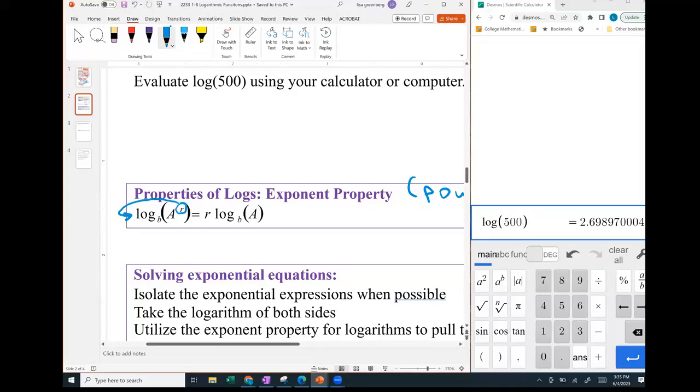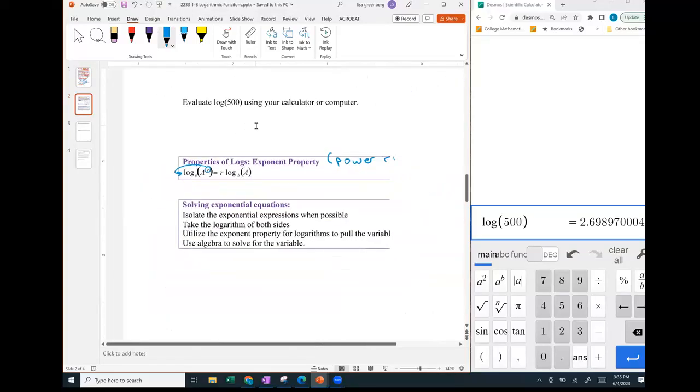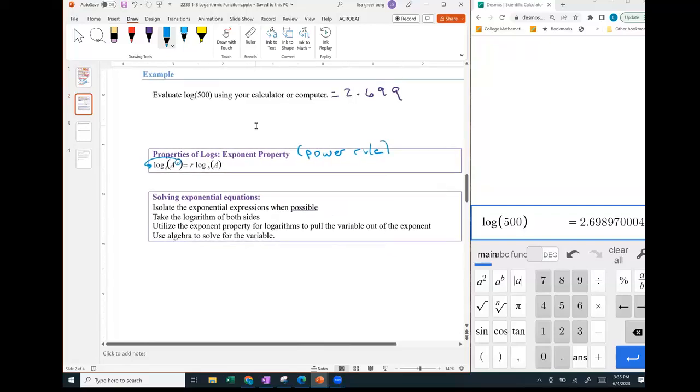That's all that's happening. I could explain why, but I don't want to get too detailed with you because it doesn't matter. Bring it to the front. You can only do that if you have the function called logarithms or a log. You can't do that for anything else. X squared is not equal to 2x. The log of x squared is equal to 2 times the log of x.